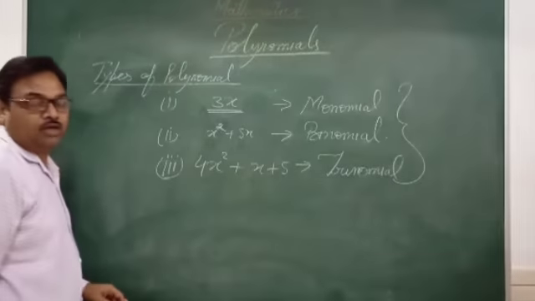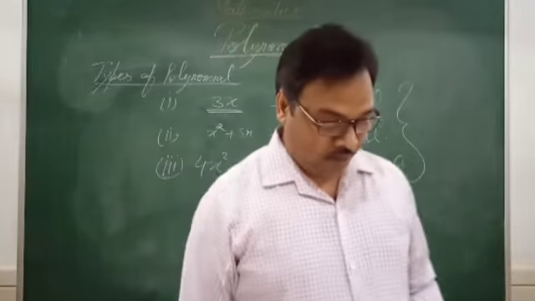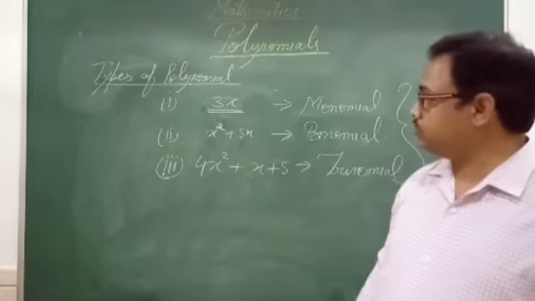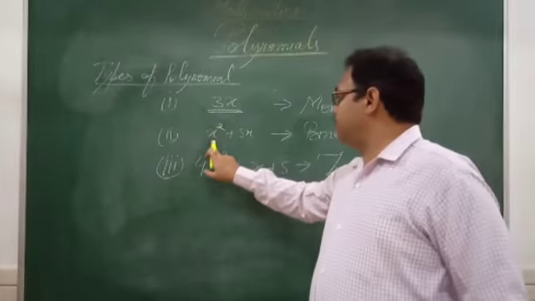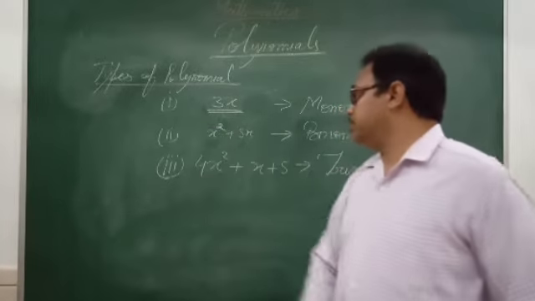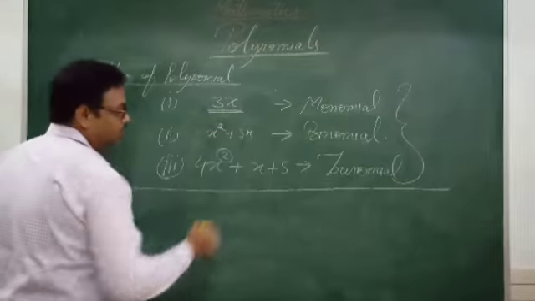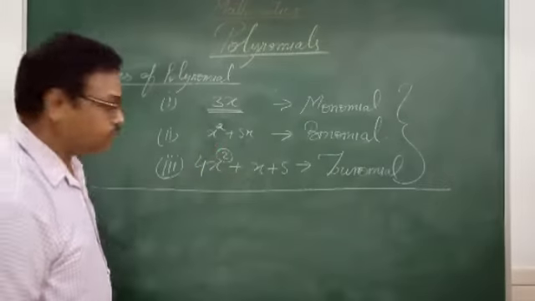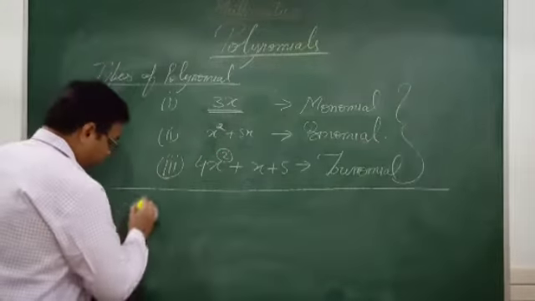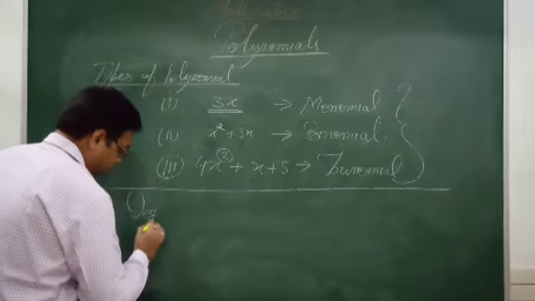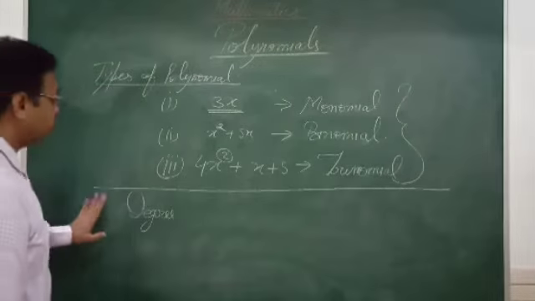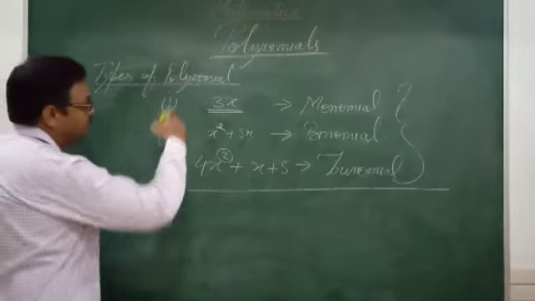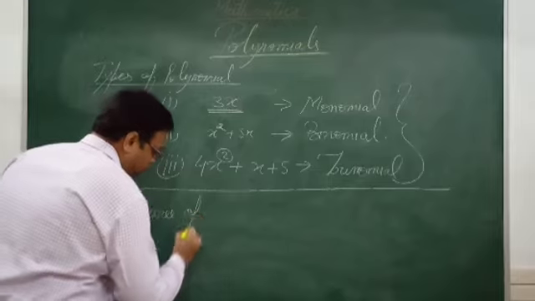Now I would like to tell you the kind of polynomial on the basis of the maximum powers of the variables. This power of the polynomial is known as the degree of the polynomial.